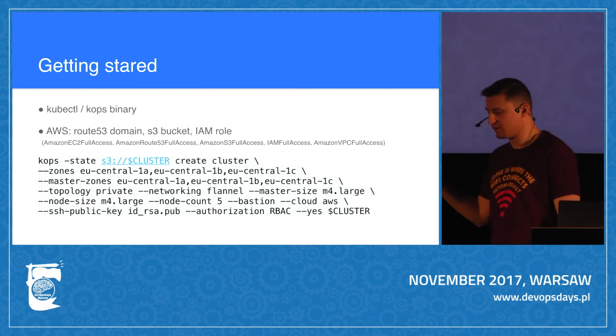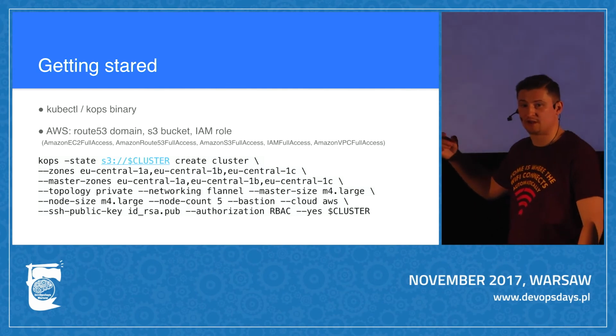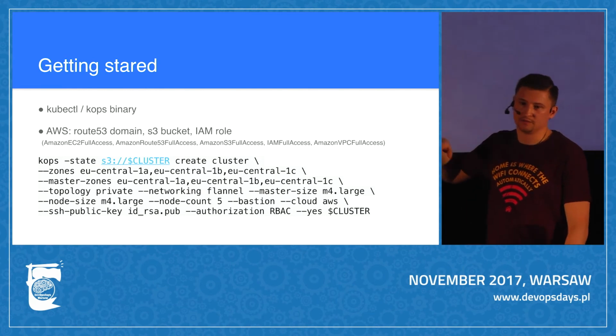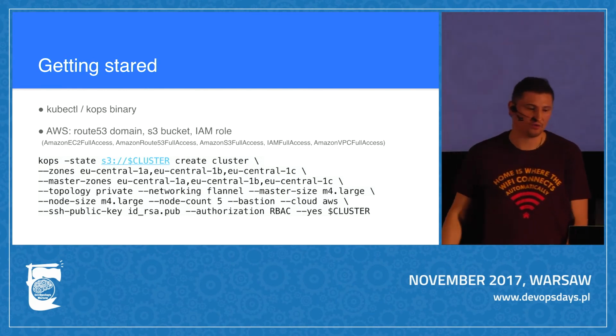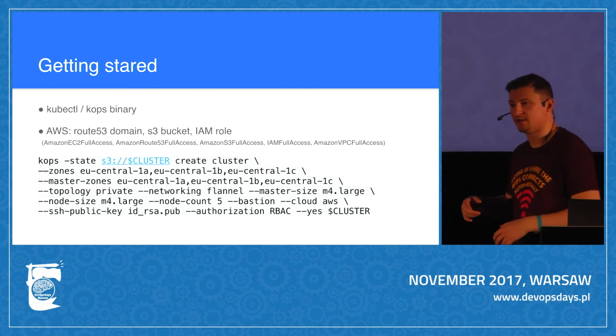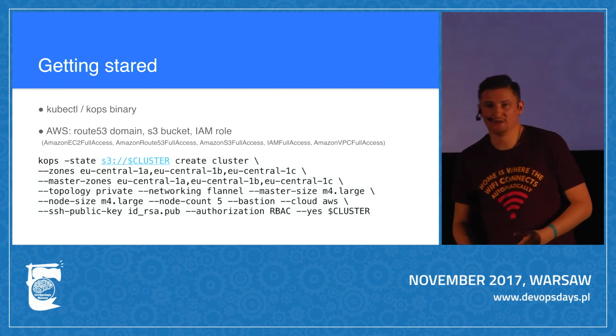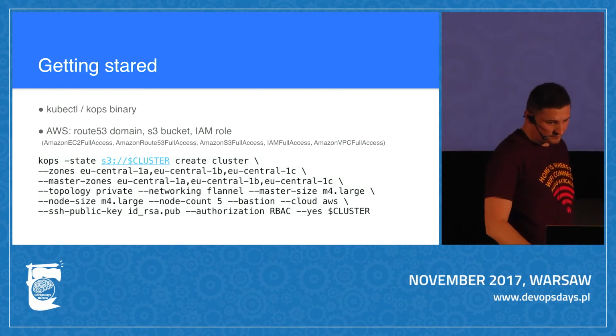And this is the simple command that will create our cluster that was highlighted a slide ago, with all of the private subnets, with all three masters, multiple nodes, auto-scaling groups, and so on and so on.